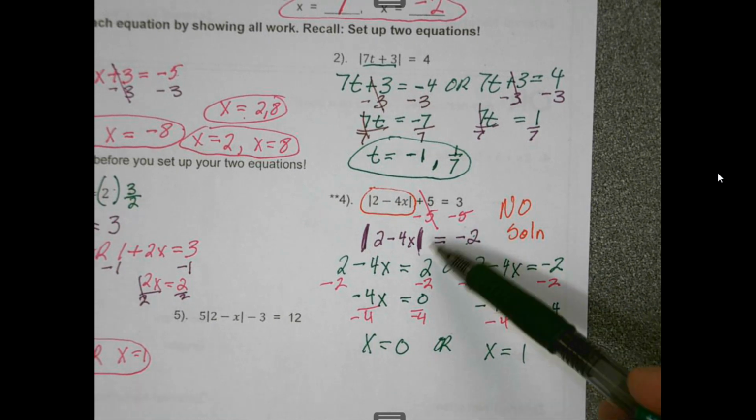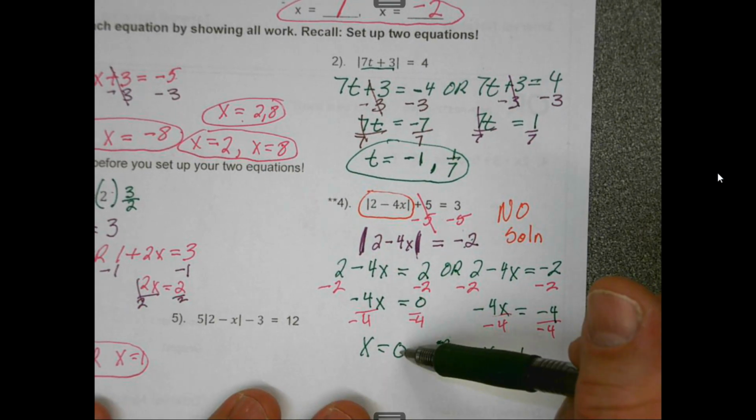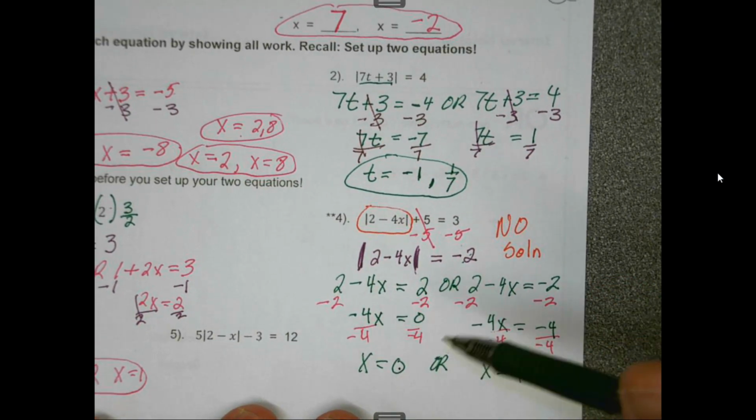Say, for instance, x equals 0. So if I go back to the original problem here, I have the absolute value of 2 minus 4 times 0 plus 5 equal 3. I don't know, this might work, I don't know.